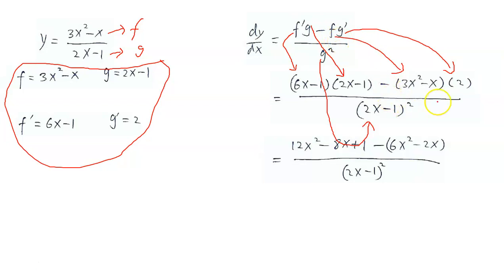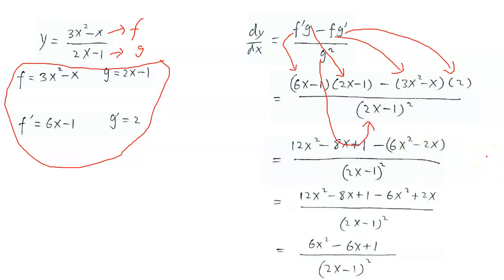And secondly, if you have a polynomial here, you had better put it in brackets first, because when you open the bracket, you can see minus minus should become plus, minus minus here becomes plus 2x. So always be careful when there's a negative sign, when you have to minus something.